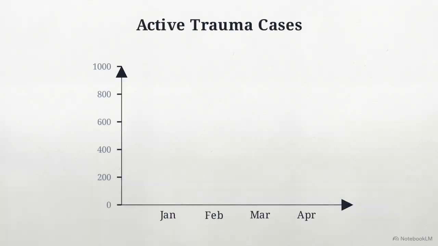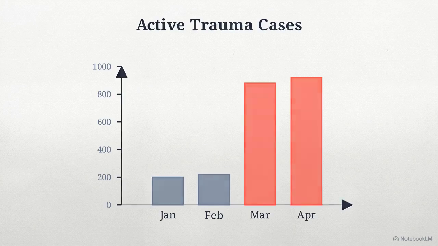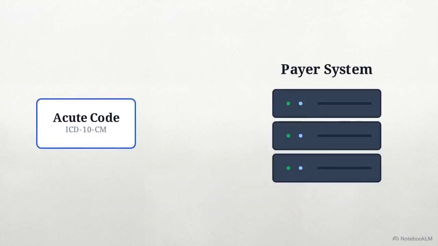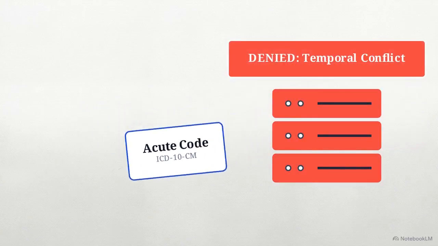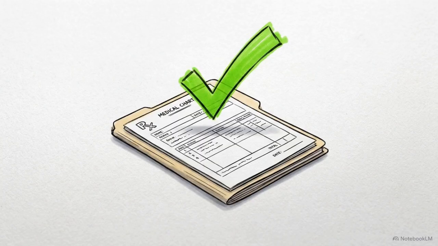This misreporting skews hospital data, making it appear that there are more active trauma cases than there actually are. Payer systems are designed to detect these temporal conflicts. If an acute code is reported alongside a sequela code, the claim will likely be denied because the two states cannot exist at the same time. Correctly omitting the acute code is essential for maintaining a clean and accurate medical record.